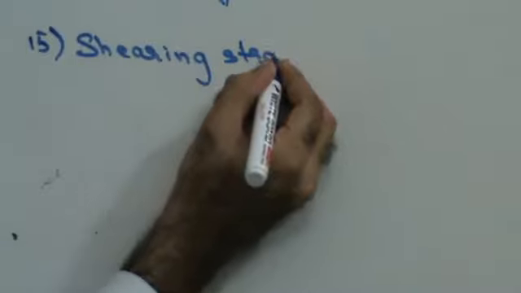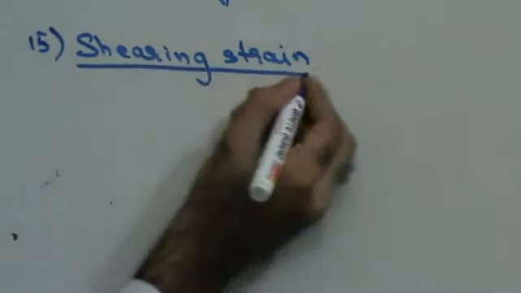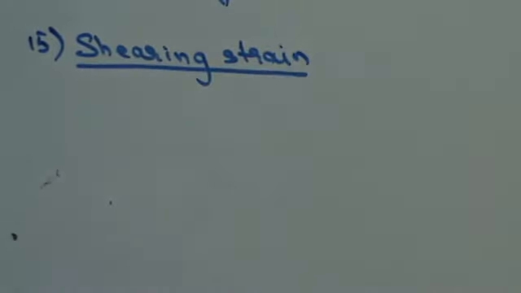Next, shearing strain. What do we understand by shearing strain? Shearing strain can be defined as the ratio of the lateral displacement of any layer to its distance from the fixed layer. I'll write this definition down.